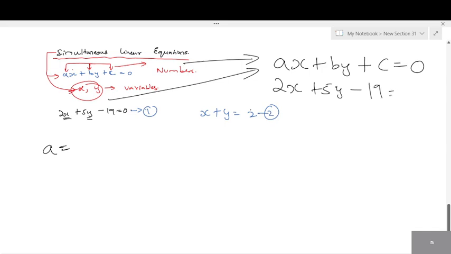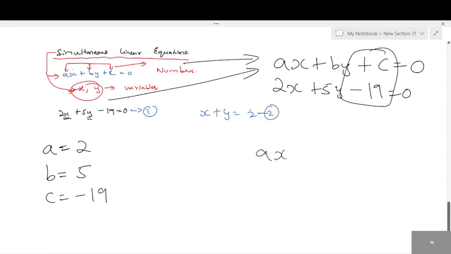Tell me the value of a. 2, not 12. What is b? 5. And what is c? In case of c, we have minus 19, with the sign. This is how we have to check.